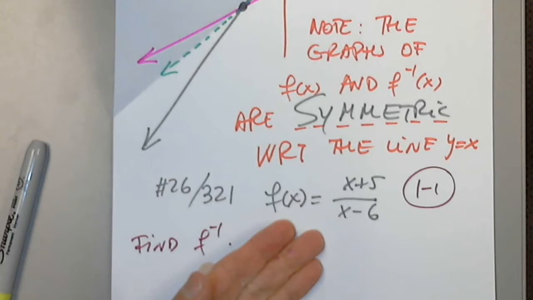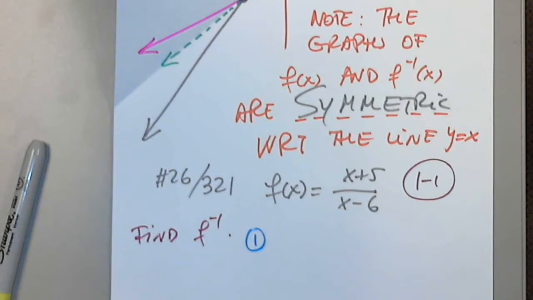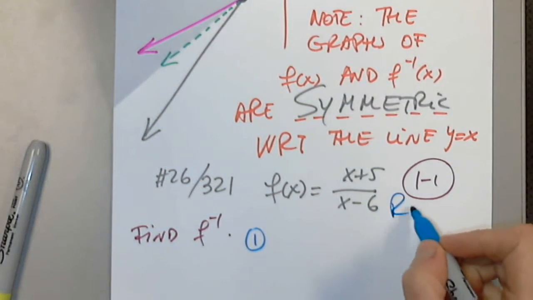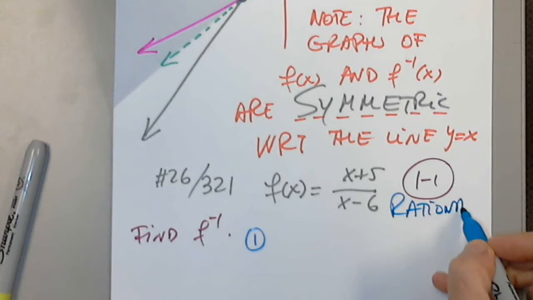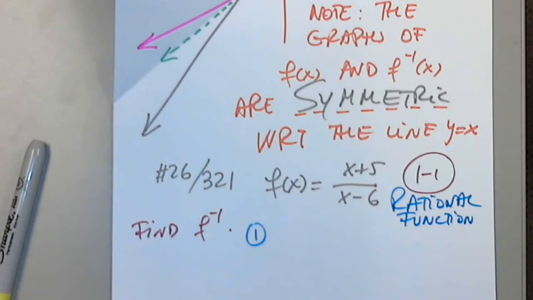No, it doesn't have a radical. Very good. Yes, it's rational. When it has a fraction, it's rational, a polynomial divided by another polynomial. Good. Step number 1.